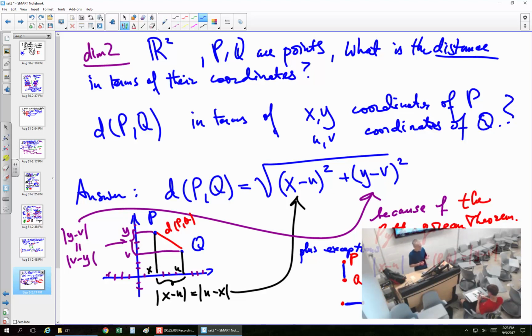the possible mutual locations of these two points. So either they are on the same horizontal line or on the same vertical line. So the distance is, if it is vertical, the distance is x minus, hold on a second. No, that's not what I meant.